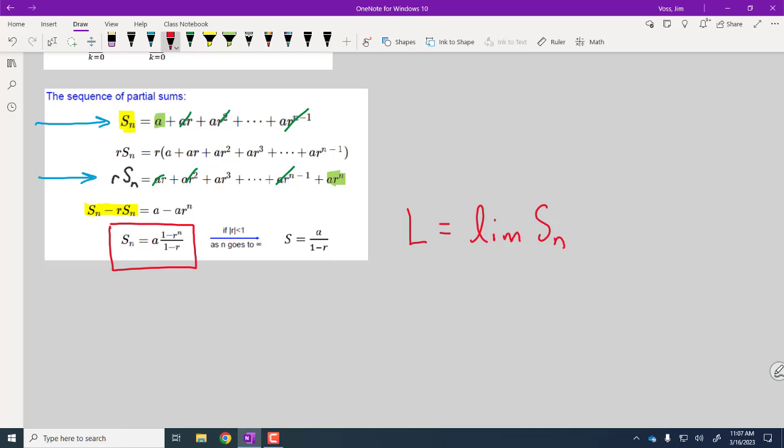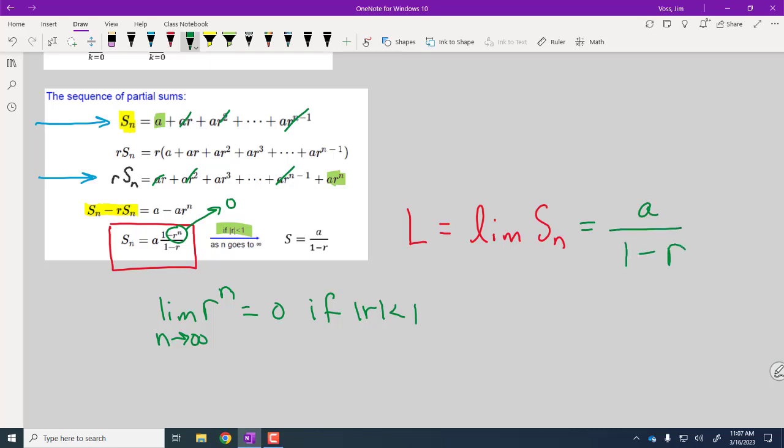If we take the limit of this, and if r is less than 1 in magnitude, doesn't r to the n go to 0? r to the n is 0 as n goes to infinity if the absolute value of r is less than 1. So this part right here is going to 0 if r is less than 1 in magnitude. And that leaves a divided by 1 minus r.